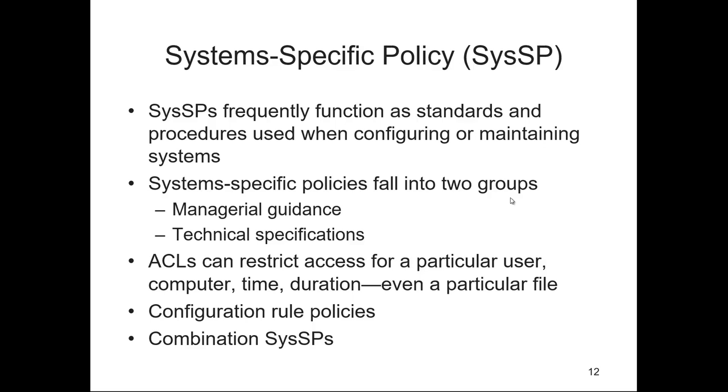Rule policies are more specific to the operation of a system than ACLs, and they may or may not deal with users directly. Many security systems require specific configuration scripts telling the systems what actions to perform on each set of information they process.